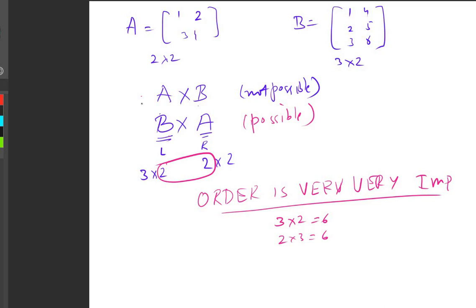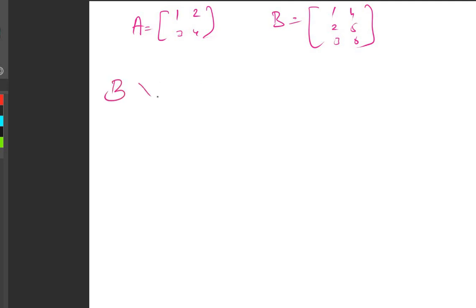Okay. Next and the last step on the multiplication rules. I'll take the same example again. My matrix A was 1, 2, 3, 4, and matrix B is 1, 2, 3, 4, 5, 6. Now I'm multiplying B with A and not A with B, and I just found that B times A is possible.